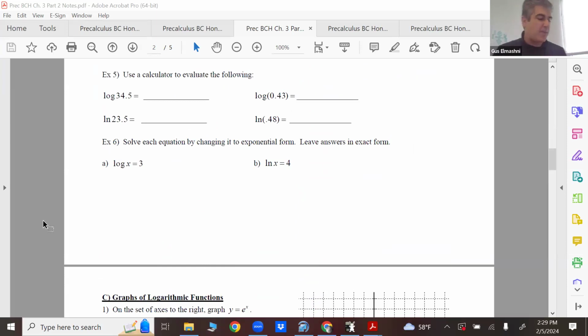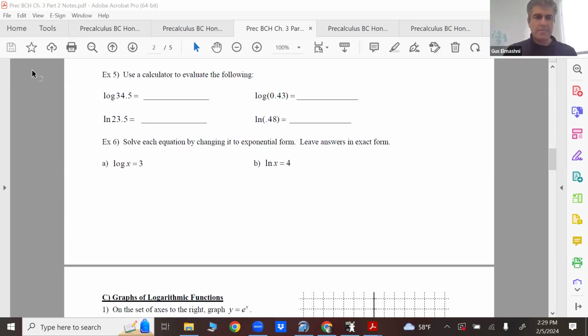Here you have to use a calculator, unfortunately. So log 34.5, ln 23.5, log 0.43, ln 0.48.